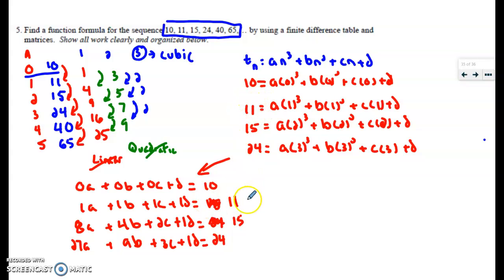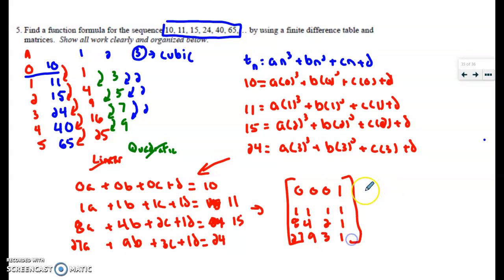I got 11 right there for 1, and then 15 for when n is 2. So what I can do based off this is I have a system of equations. Now I can create this into a matrix-based system. So I have 0, 0, 0, 1, 1, 1, 1, 1, 8, 4, 2, 1, 27, 9, 3, and 1.